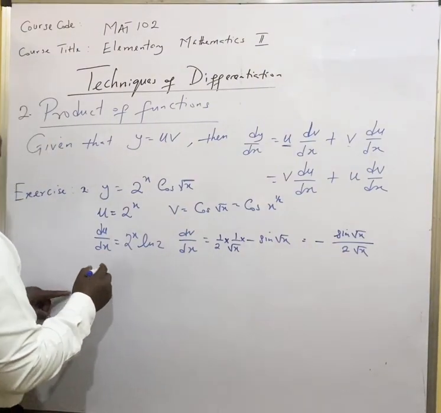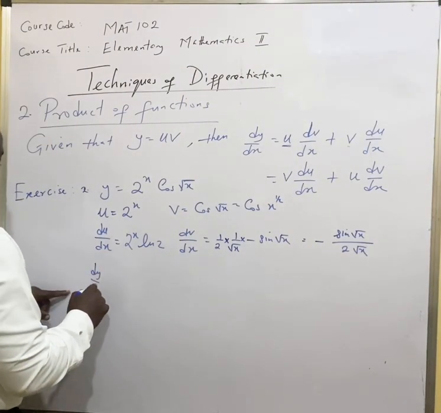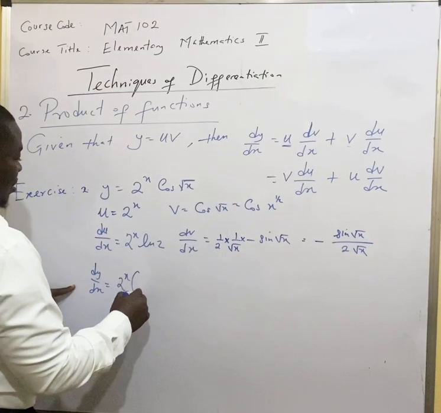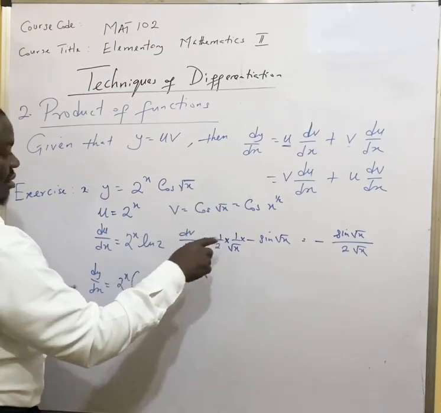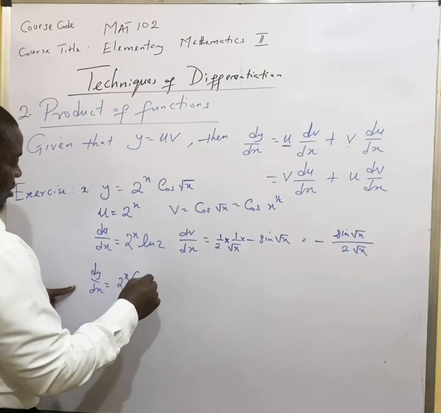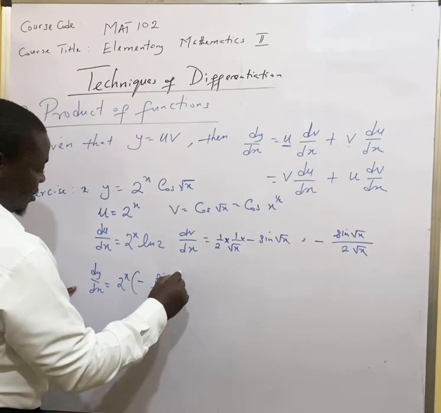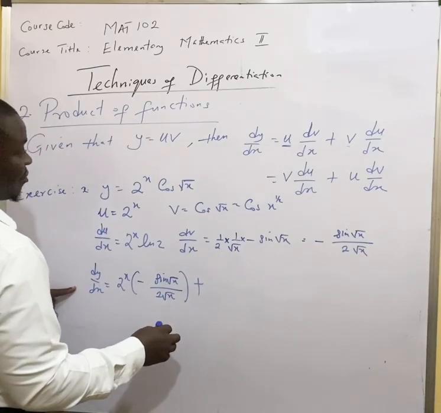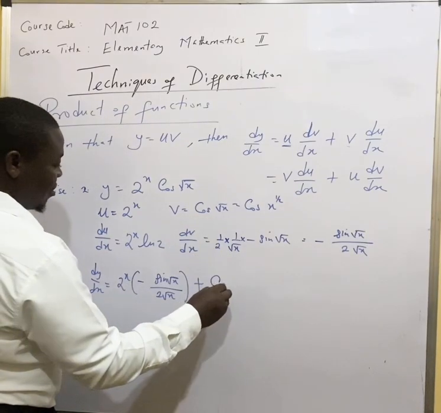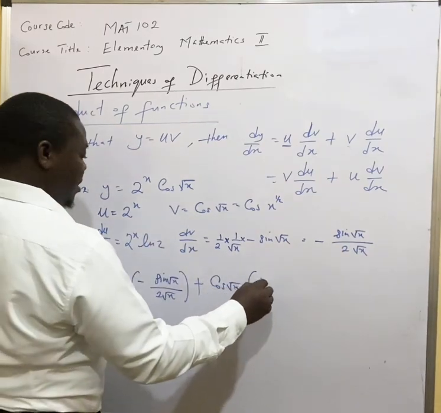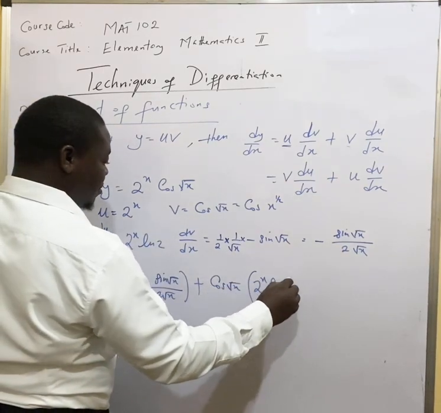So dy/dx will now be equal to u, which is 2 raised by x, multiplied by dv/dx, which is minus sine root x over 2 root x, plus v, which is cos root x, multiplied by du/dx, which is 2 raised by x ln 2.